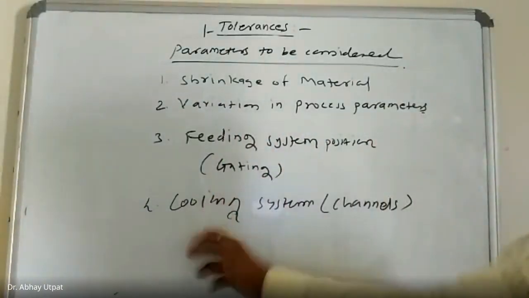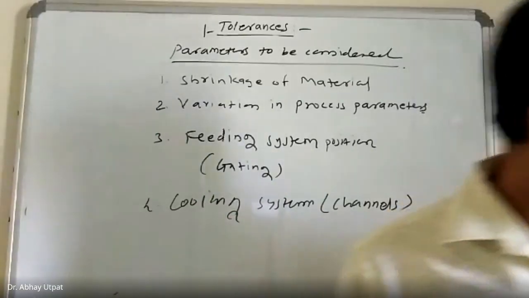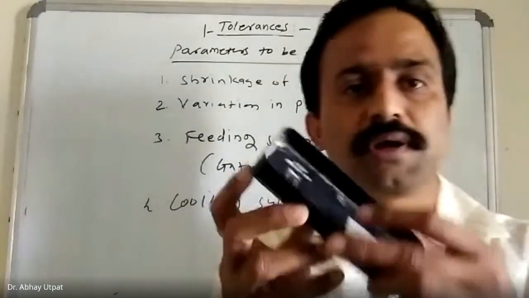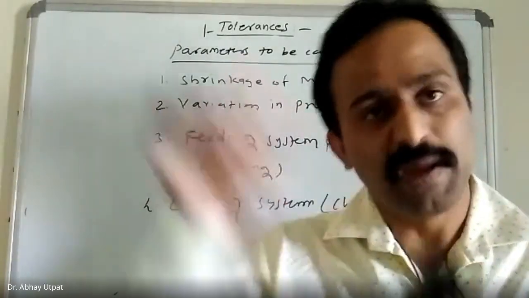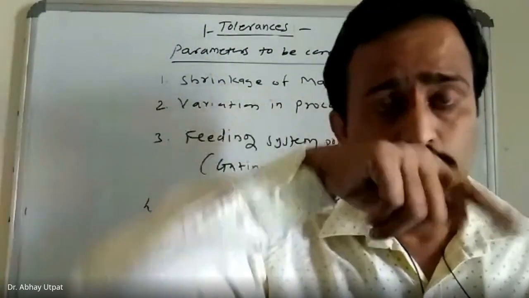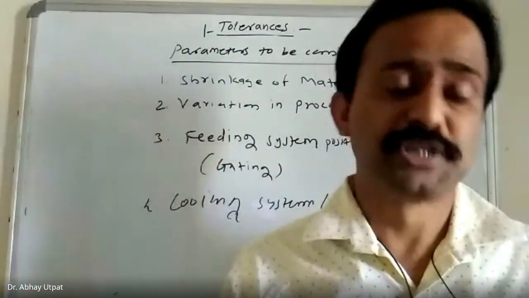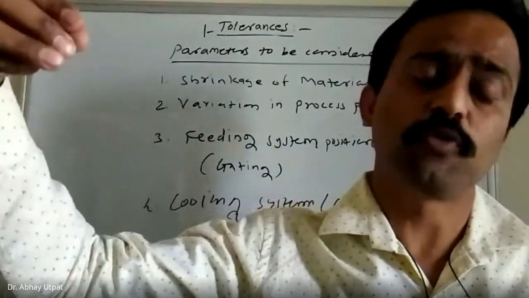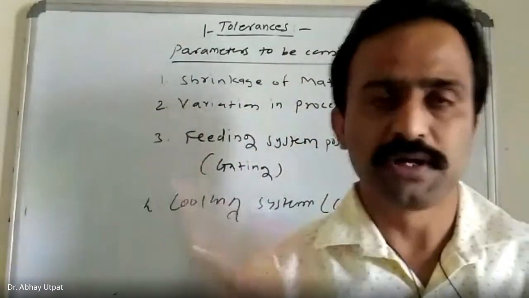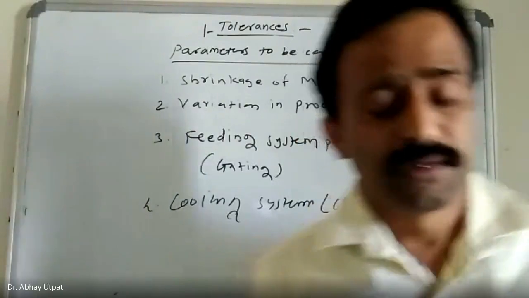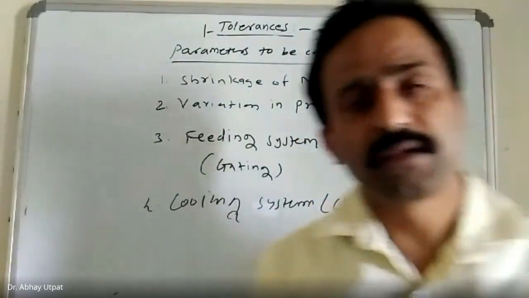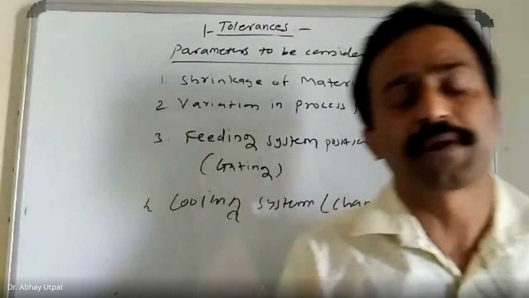Then cooling system means if you have some mold, suppose this is a mold, so inside this mold channels are provided by machining. Grooves are provided by machining, and from one end water will circulate inside and it will go out. So if it is injection molding, there is no contact of water with the product.